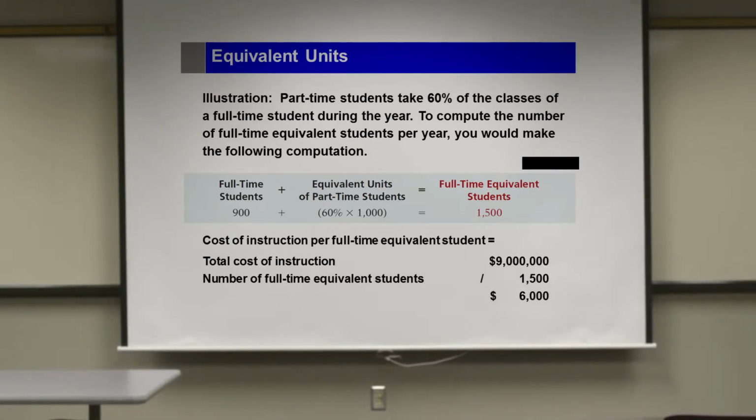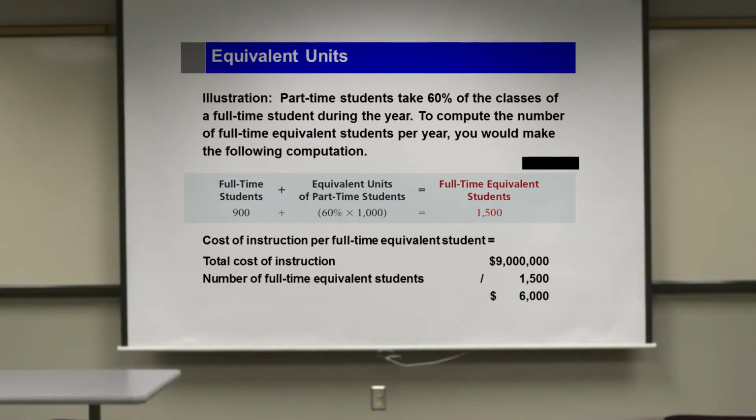Now, to compute the full-time equivalent students, you've got 900 full-time students who are going to school full-time. However, the part-time students take 60% of the classes and there are 1,000 of them, so we multiply 1,000 by 60% to give 600 equivalent students, and that will give you 1,500 full-time equivalent students.